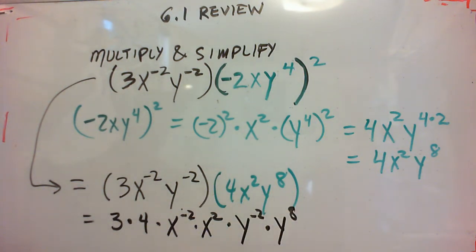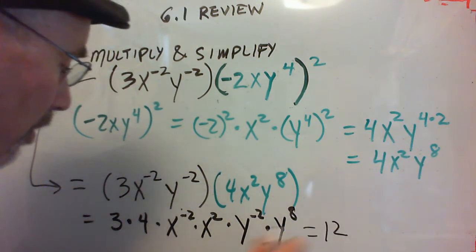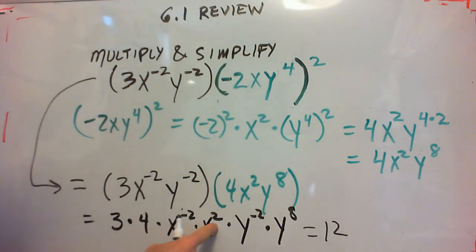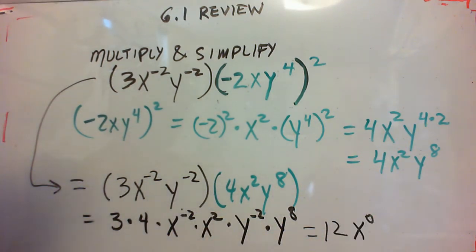And you're probably wondering, can I use the exponent rules with negative exponents? And the answer is yes, you can. 3 times 4 makes 12. X to the negative 2 times x squared, adding negative 2 to positive 2 makes x to the 0.